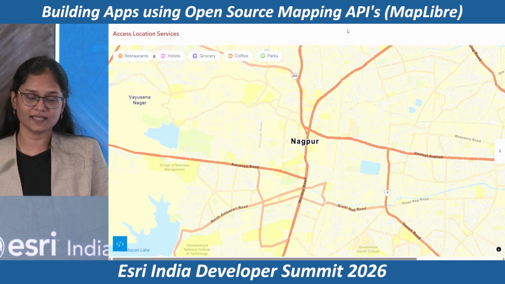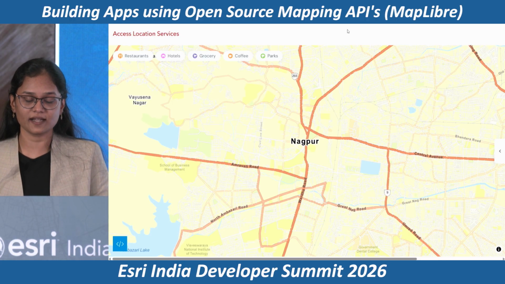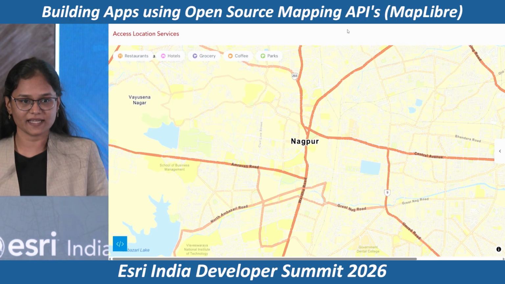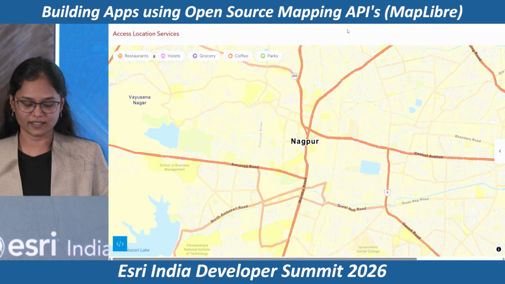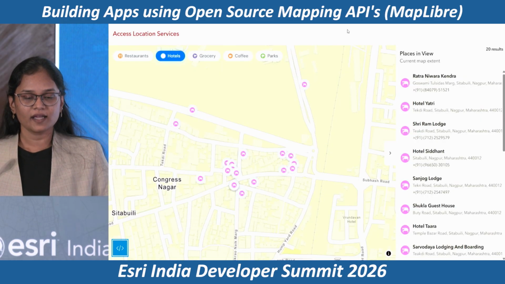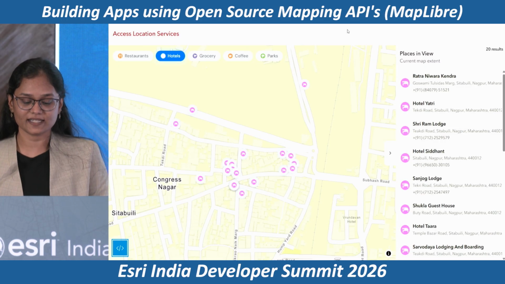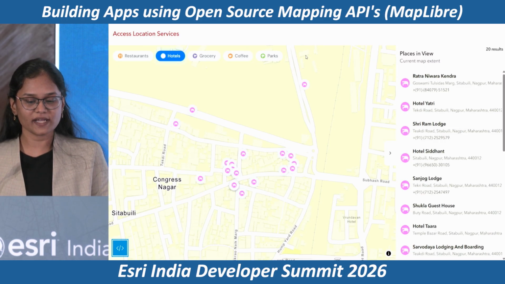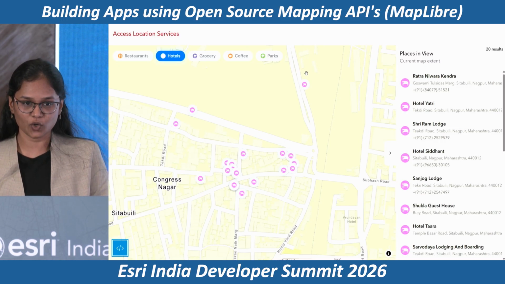Esri also has a MapLibre ArcGIS plugin that handles base map styles, feature layers, and vector tile layers. In the application, I use the plugin to set the ArcGIS streets base map and ArcGIS REST JS to find the hotels within the map extent and retrieve their information.